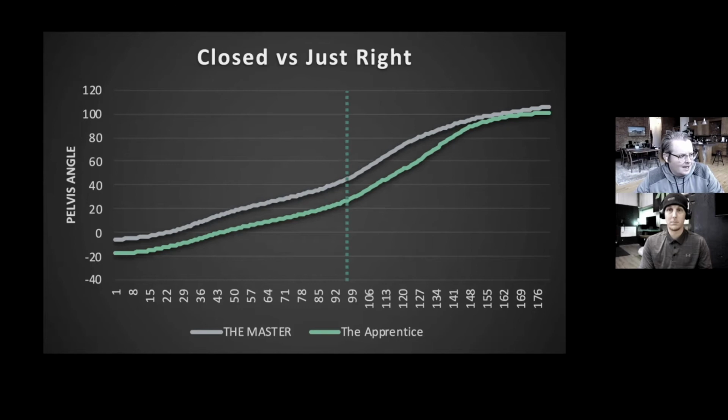In this case, he's around that 43 degrees of pelvis rotation. He's got his hip to shoulder separation around 45 degrees at that point. And the one in the green line is closer to maybe 20 degrees or so. So that pelvis is still fairly closed, and it's just not putting him in a position to accept that momentum and transfer it up the chain at that point.